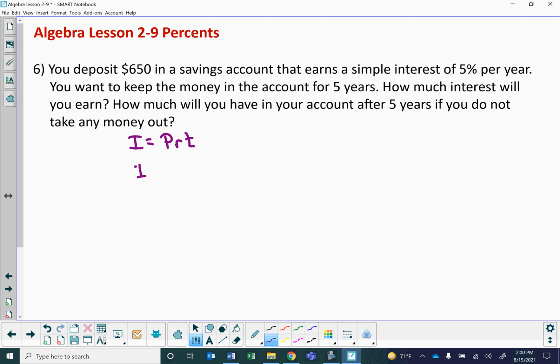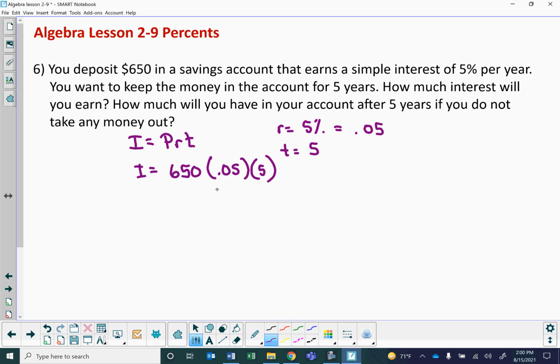So I'm looking for my interest. My principal was $650. My interest rate was 5%, but as a decimal, that's 0.05. So I'm going to multiply this by 0.05. My time in years was 5, so I'll multiply that by 5. So 650 times 0.05 times 5.